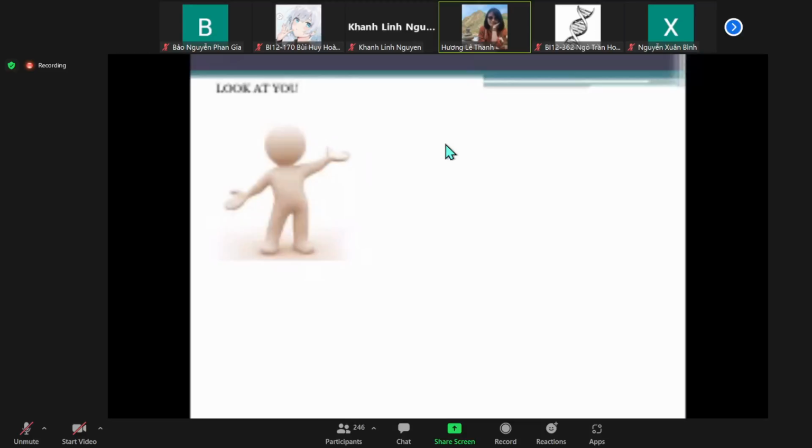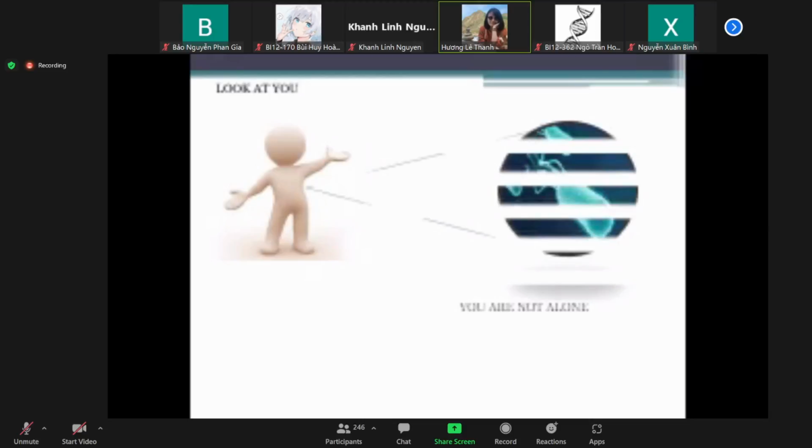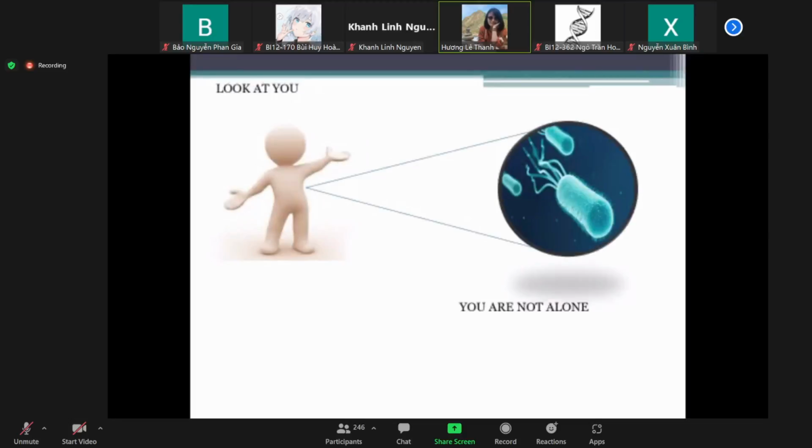Also look at your cells deep inside your bodies, you're not alone. You actually consist of both of the major cell types, prokaryotic and eukaryotic.